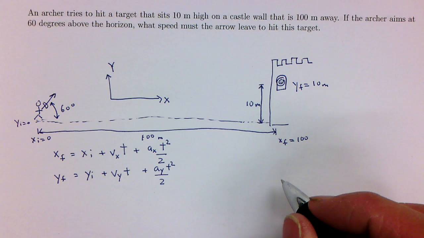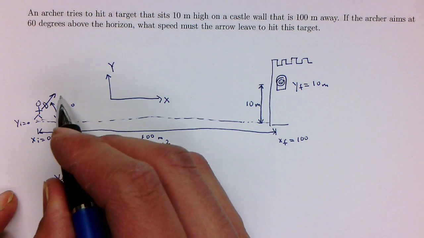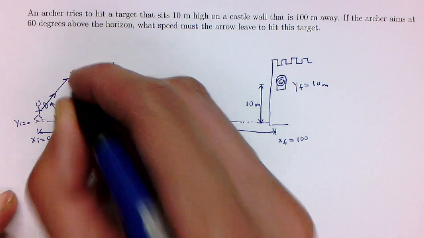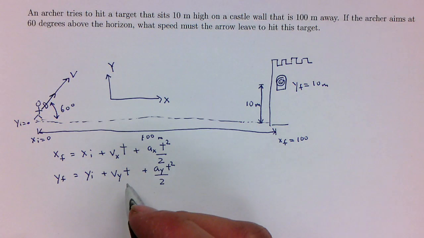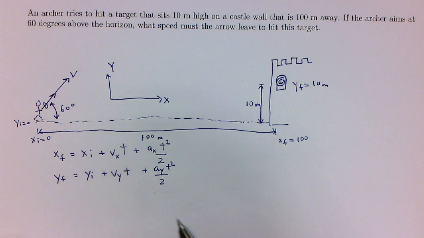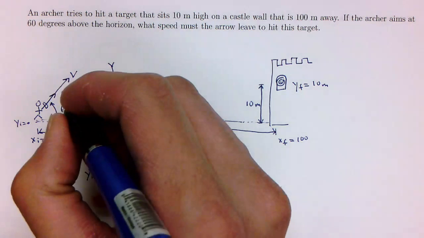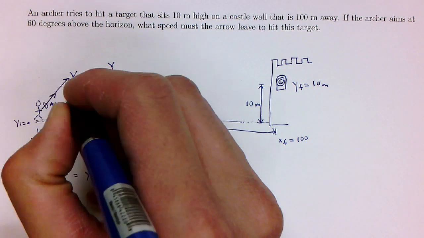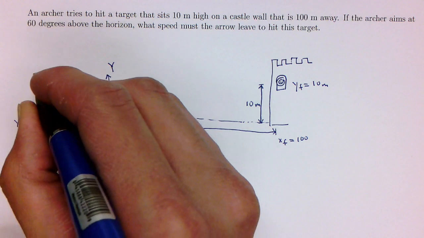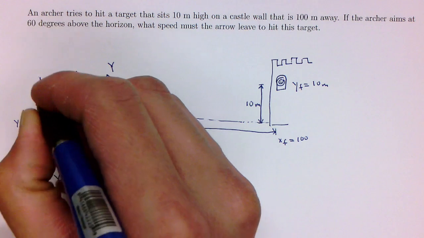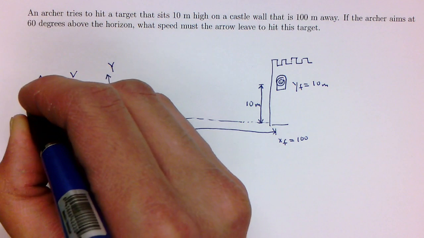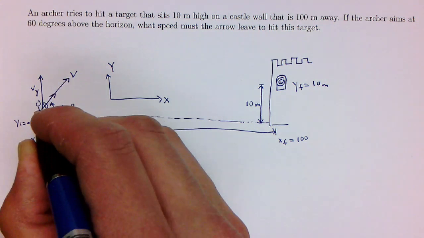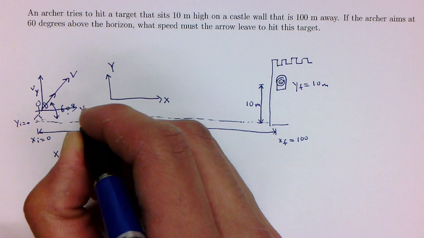Now the arrow is leaving with some velocity. Let's say this velocity here is v, which is something that we need to determine. So let's draw this in the picture. This velocity has a magnitude and a direction. The direction we know is 6 degrees above the horizon. And velocity can be divided in two components: the velocity along the y-axis, and the velocity along the x-axis.